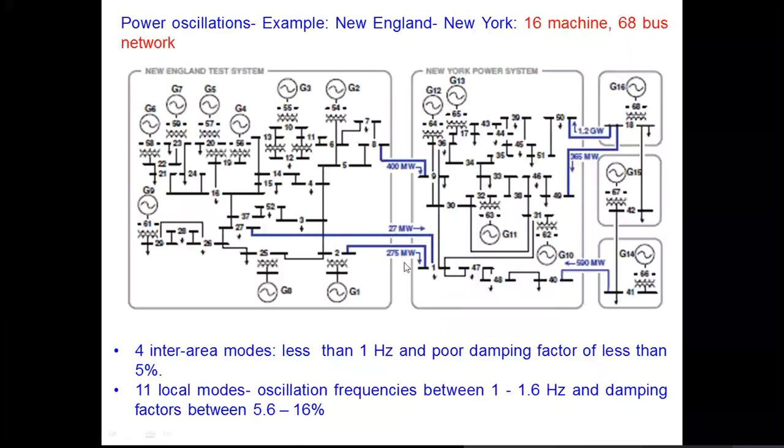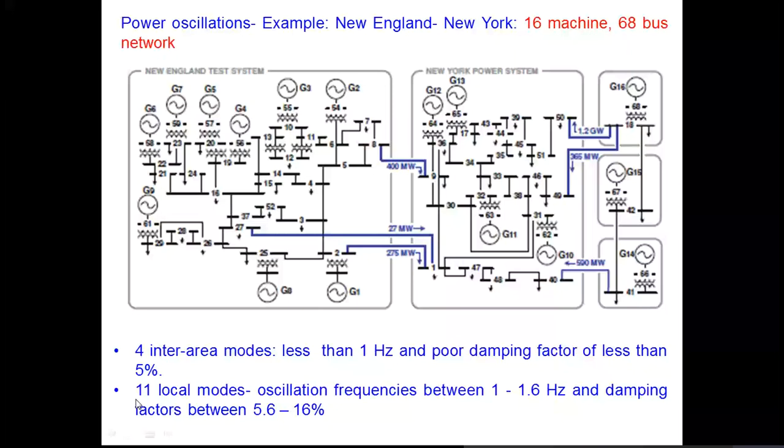Now, for this large interconnected network, we have four inter-area modes here, which have a frequency less than 1 hertz, and very poor damping factor, less than 5%, for a given operating condition. Then in addition, there are 11 local modes here.